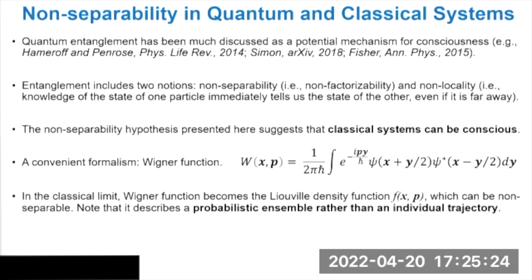But the last insight that I want to mention here is that if we look at non-separability of the Liouville function, that is defined at the level of an ensemble, not a single trajectory, which we usually experience, right, or think that we experience, but at the level of a statistical ensemble. And I think that's pretty profound.